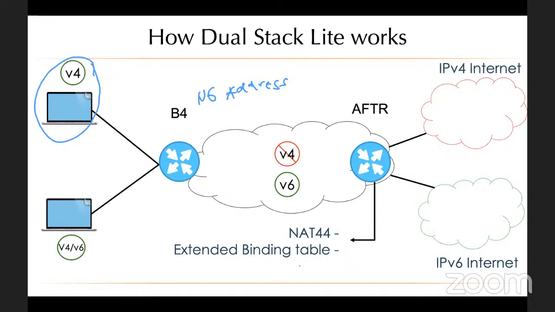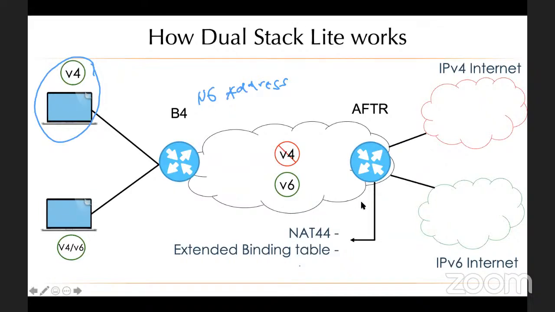So the v6 address plus the tuple, source IP, destination IP, source port, destination port, all this will be logged for each flow. So logging requirements are pretty high when compared to other transition mechanisms, which we'll look at later.